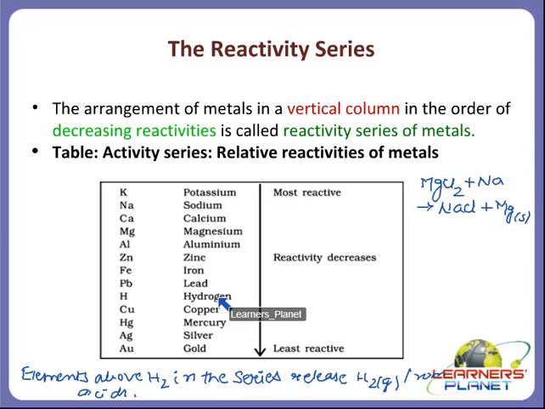You just try to practice the chemical reactions we did. Just go through the chemical equations and properties. In our next session, we will be discussing a few more properties of metals, a few more reactions, and the properties of non-metals.